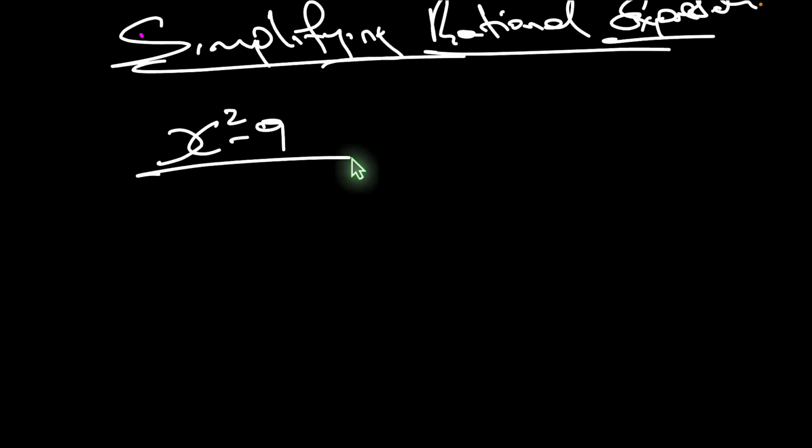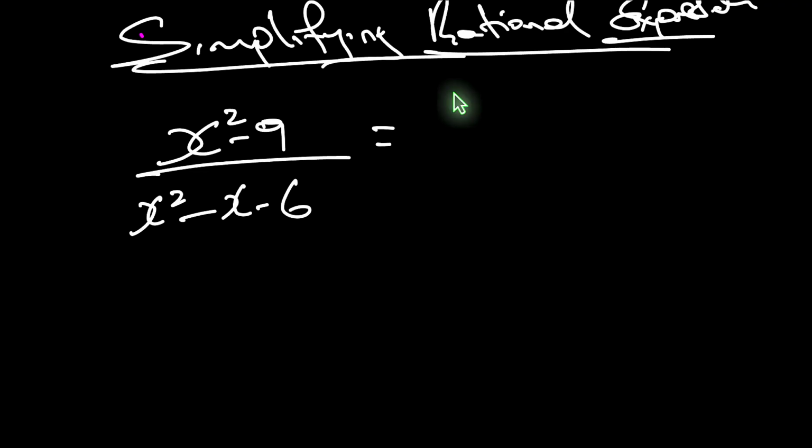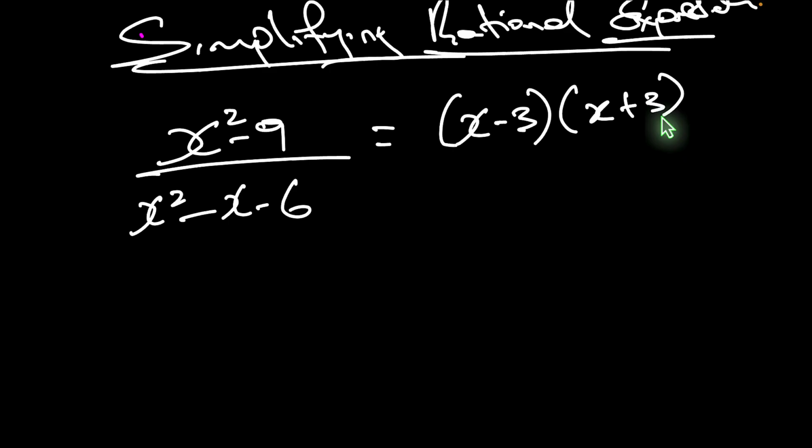So let's say we have x squared minus 9 all over x squared minus x minus 6. Now, just treat this as you would if you were to do fractions. So the x squared minus 9, remember when we looked at difference of two squares, this is going to be x minus 3 in one bracket and x plus 3 in another.